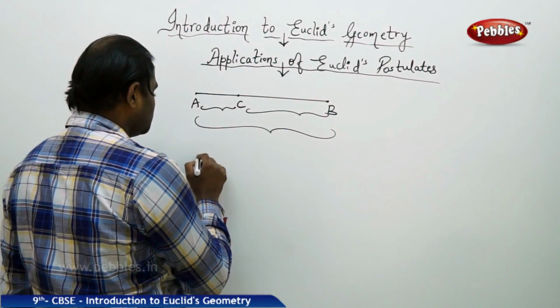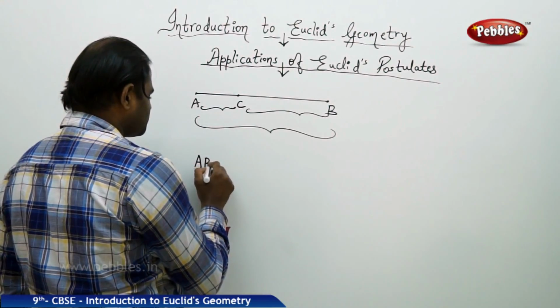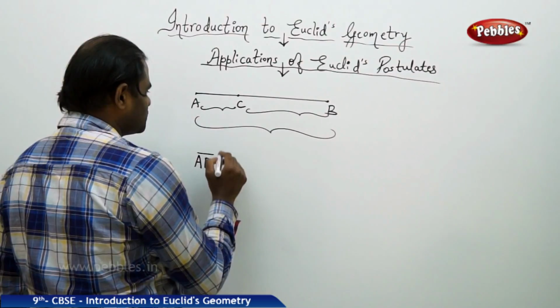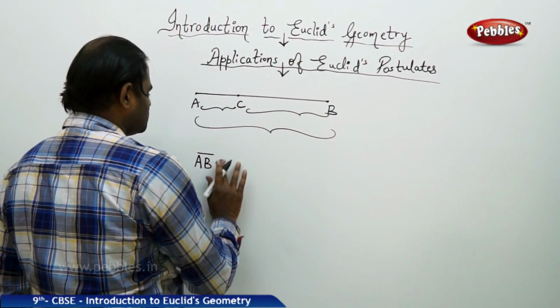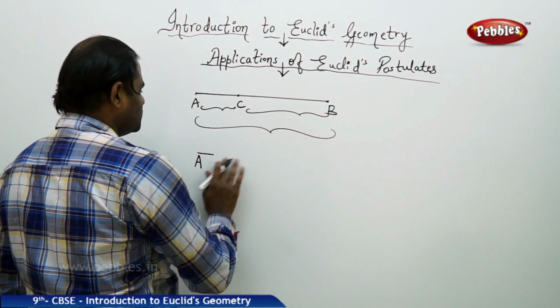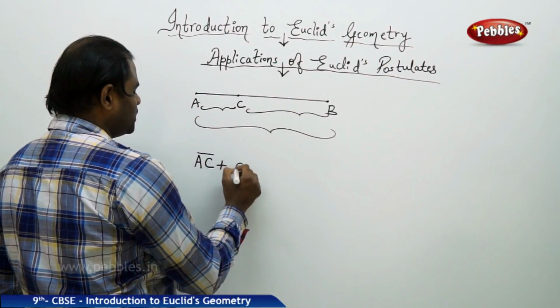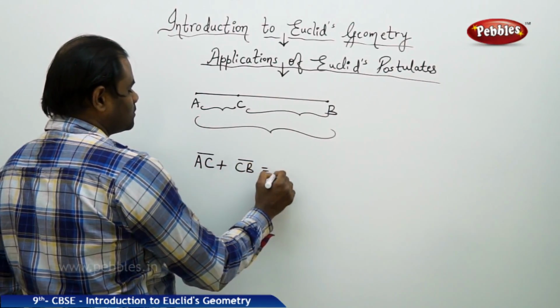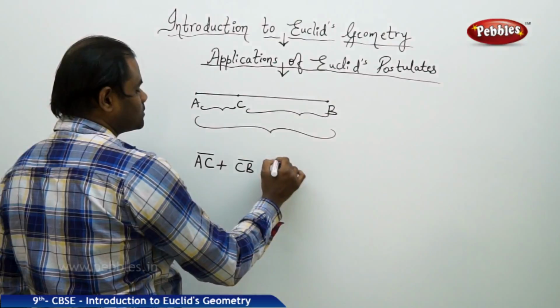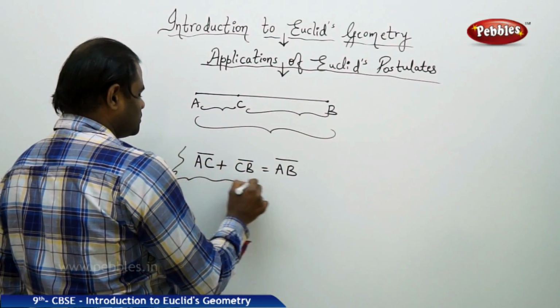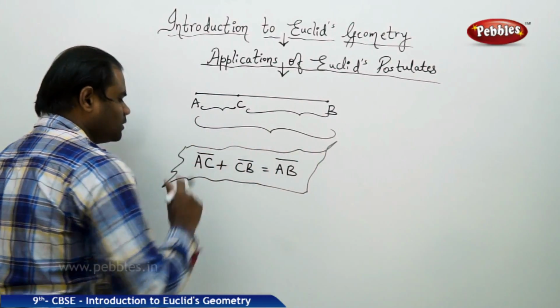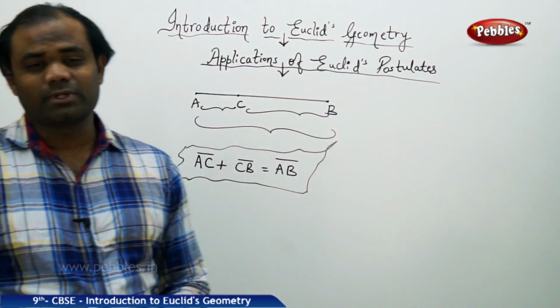Therefore, the property says AC plus CB equals AB, which I derive using Euclid's postulates.